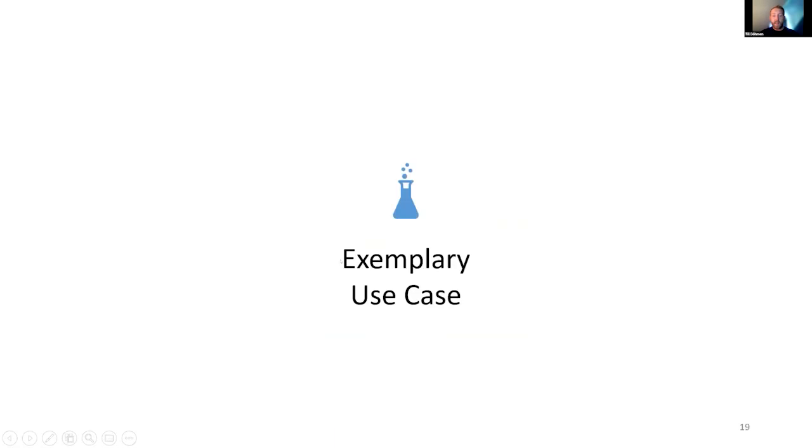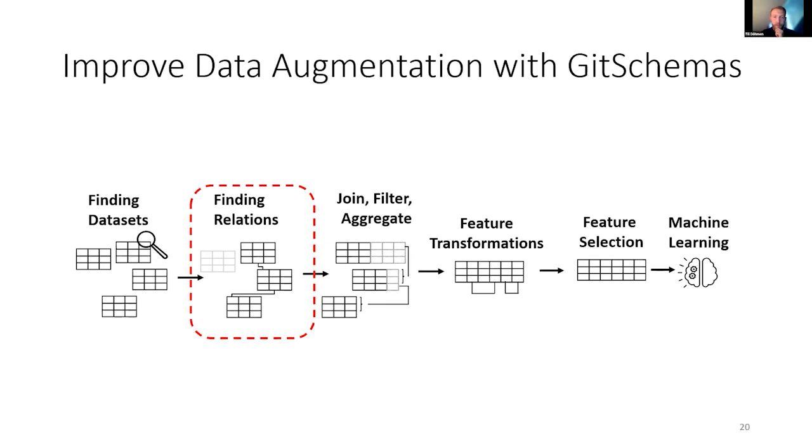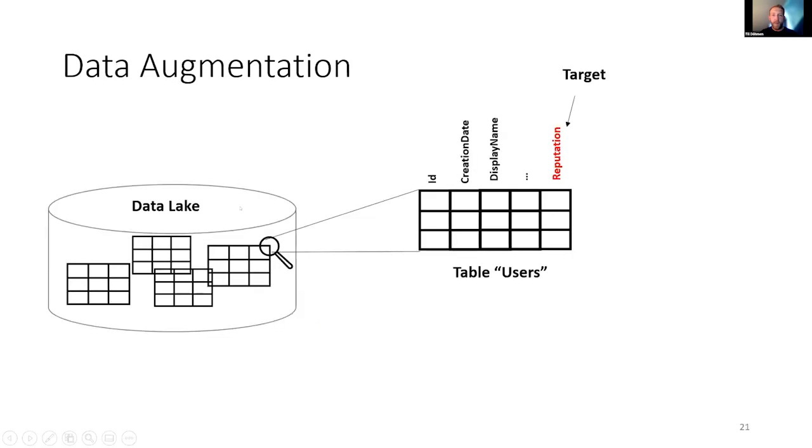Yeah, but let's turn to an exemplary use case for this corpus, which goes back to the initial introduction. We want to improve an end-to-end machine learning pipeline using GitSchemas, and we want to do data augmentation. We have this core table users, which contains our target reputations.